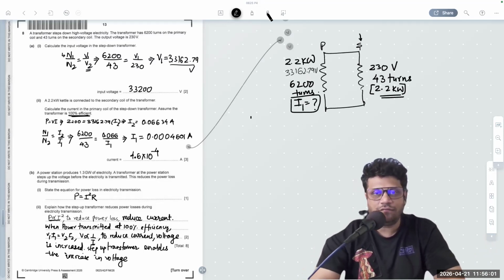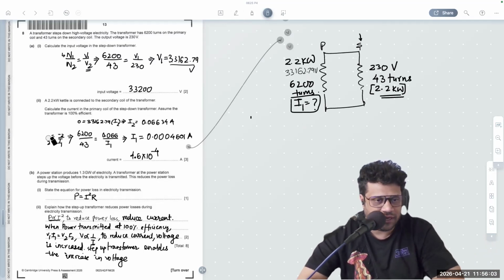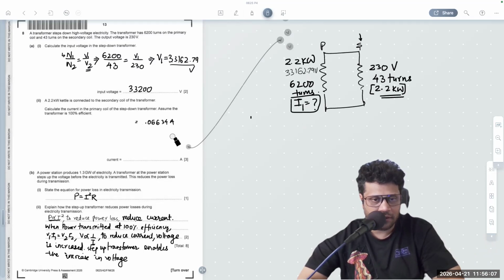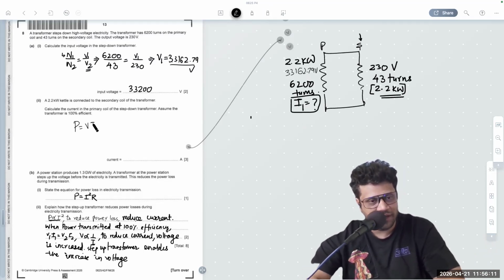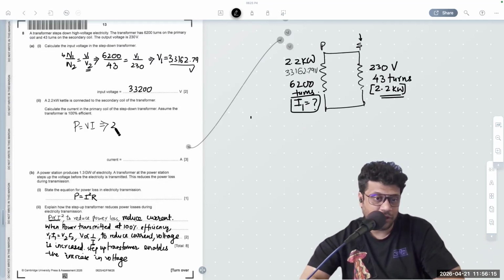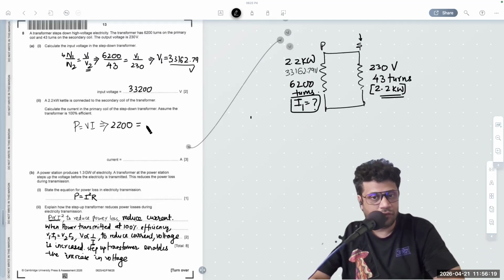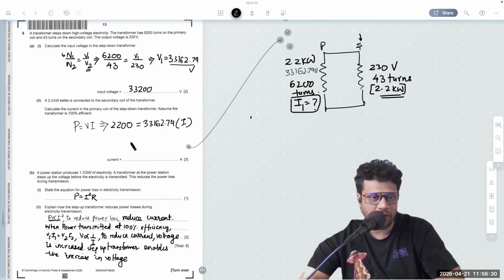We have a formula, we will use it right away. Power is supposed to be V into I. Power for the primary is also going to be 2.2 kilowatts, so that is 2200 watts. Voltage we know is 33162.79, and the current in the primary is what we are looking for.